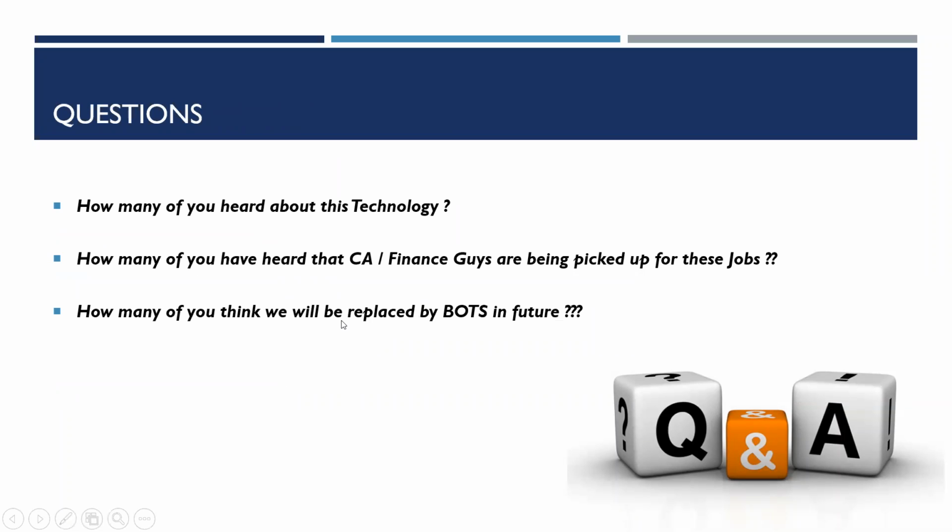And now, to answer these questions: how many of you think you will be replaced by bots in future? It's not only the bots, even a simple process flow change will replace us if we are not updated. I would like to recall the answer of Rani, where she said that, yes, sir, if we don't do the technology, we'll get replaced. That is absolutely valid. And apart from automation, bots, artificial intelligence, machine learning, we will be easily replaced if we don't update ourselves, if we don't know what exactly a technology capability is, or if a particular process change happens.